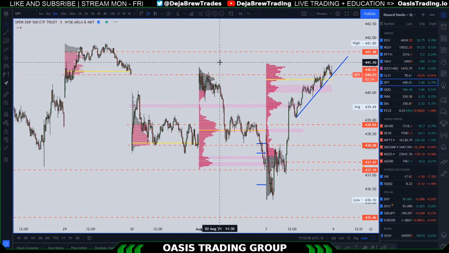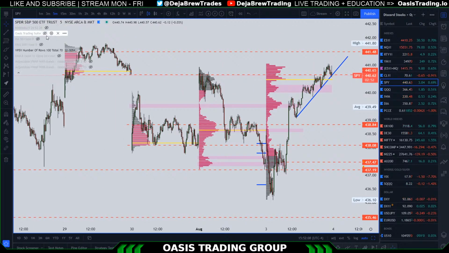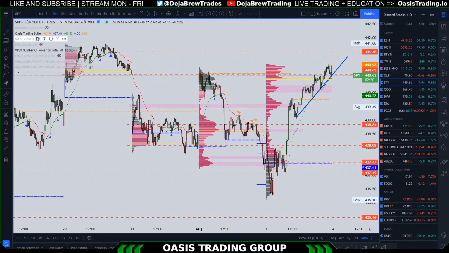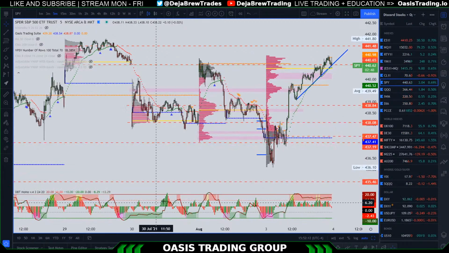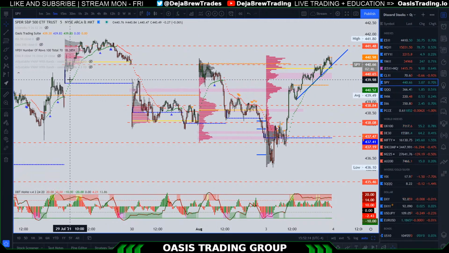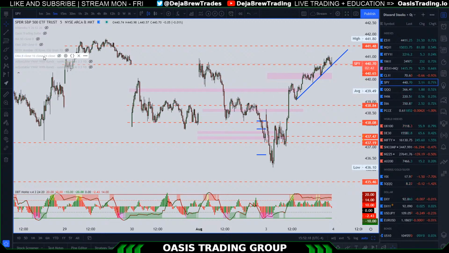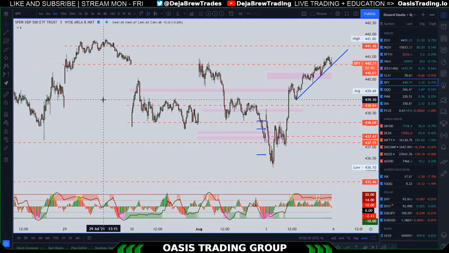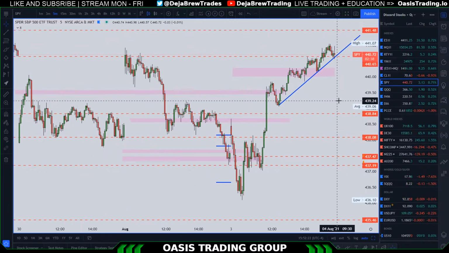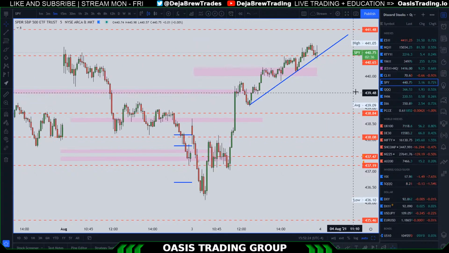The main things I use in my trading are the OTS, which is the Oasis Trading Suite, the Momo, volume profile, and then I throw in VWAP and moving averages and all that stuff every now and then as well. But those three are my bulk: OTS, Momo, volume profile.